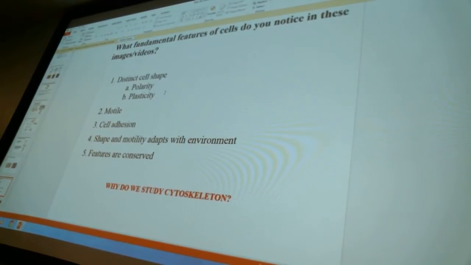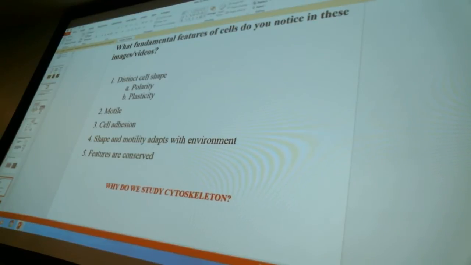They are not distributing their materials throughout, creating a homogeneous environment. On the contrary, they are positioning a number of internal elements at certain parts of their body. There's a lot of plasticity within the cell. So cells are not static, they're constantly reacting to the surrounding environment.